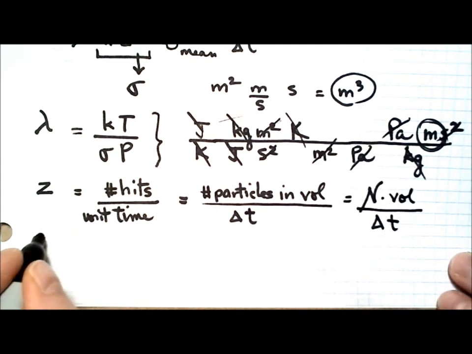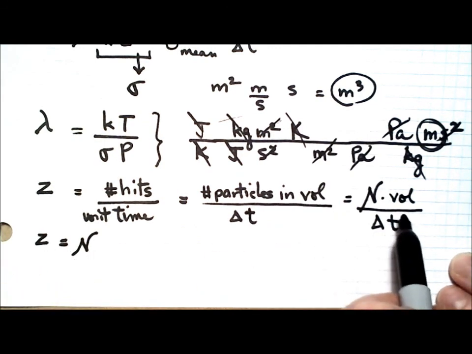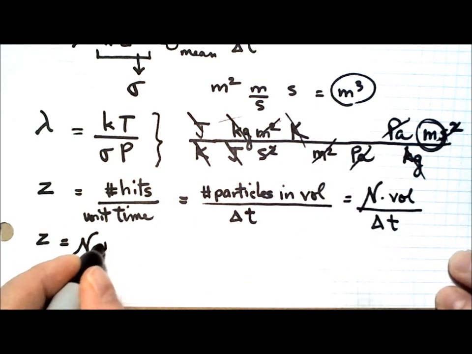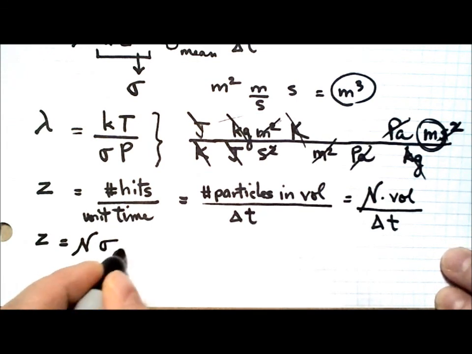So what do I have for Z? So far, I have this fancy N number density, and the volume we calculated up above. We represented it as sigma, and then a mean speed.